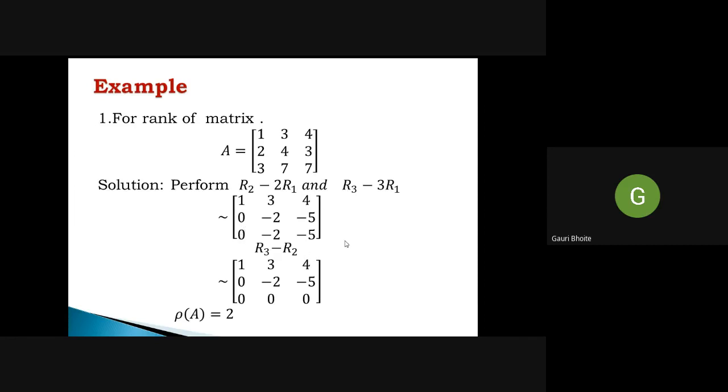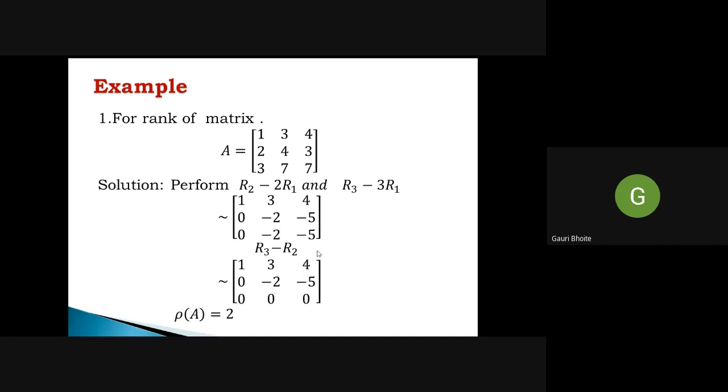Still it is not row echelon form, because we have to make it roughly upper triangular, with all elements below the diagonal 0. So now we have to make this entry also 0. I perform R3 minus R2: 0 minus 0 is 0, minus 2 minus minus 2 is 0, minus 5 minus minus 5 is 0.